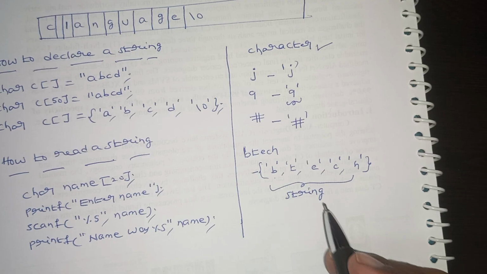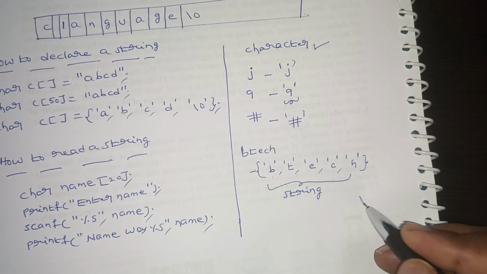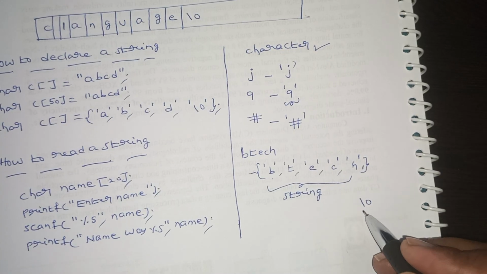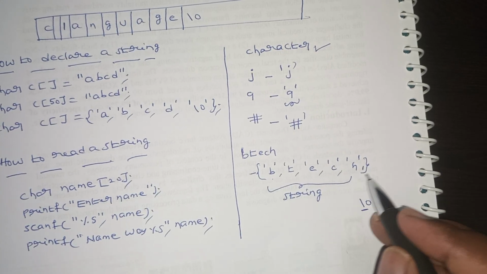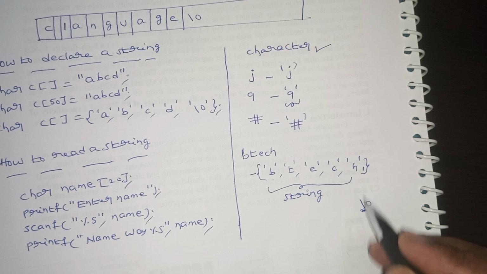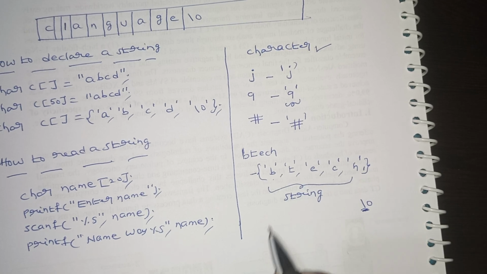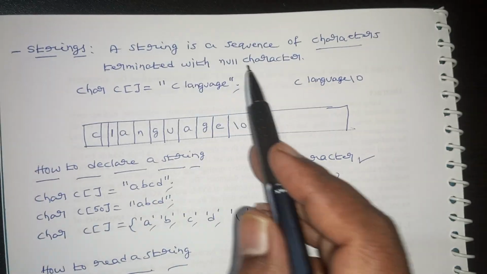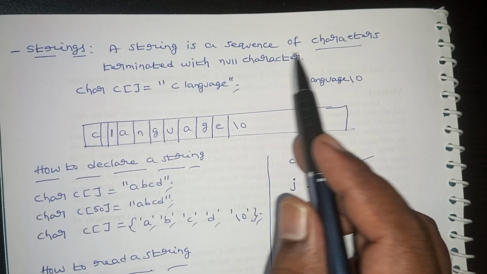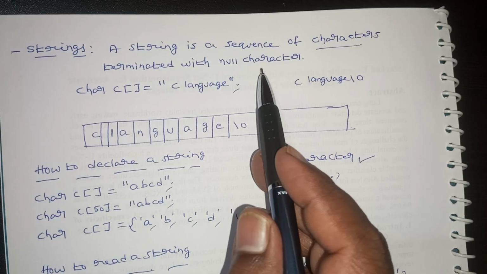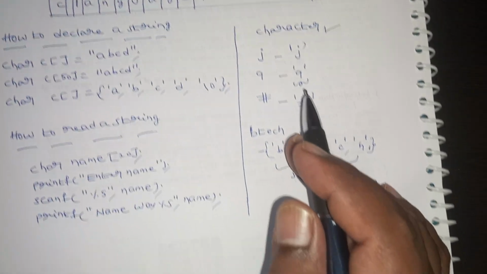To mention it, you simply add \0 here. Then this is the end of the string. What is a string? A string is a sequence of characters, or a collection of characters, that I am going to terminate with the null character. That is what a string is.